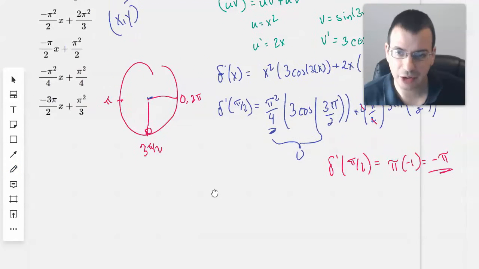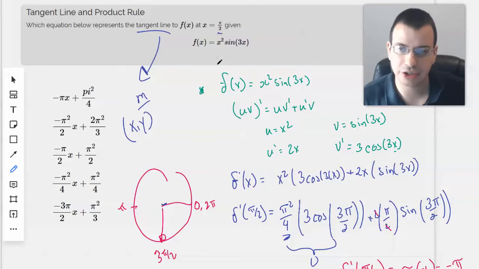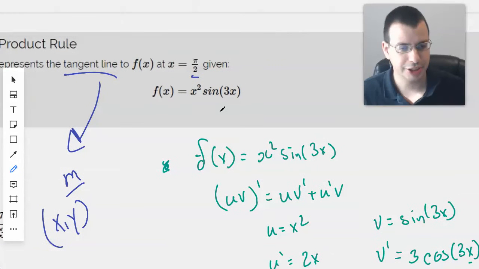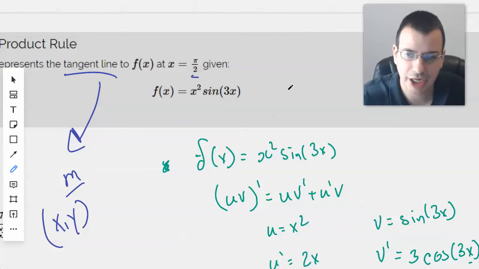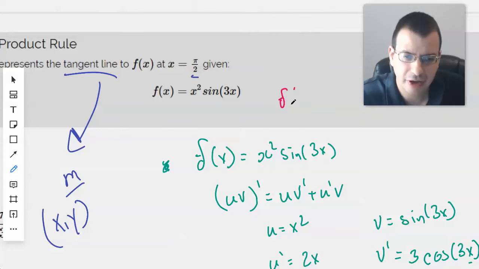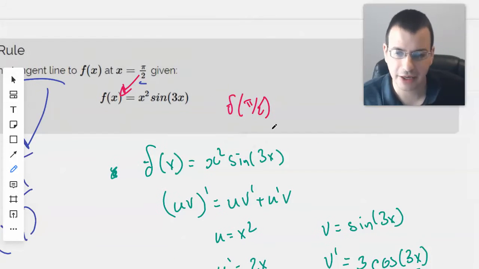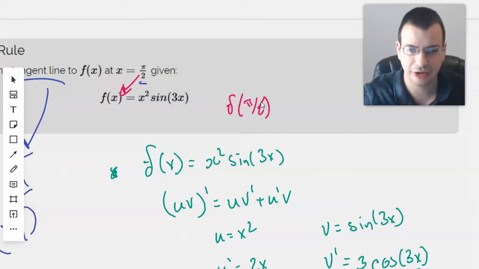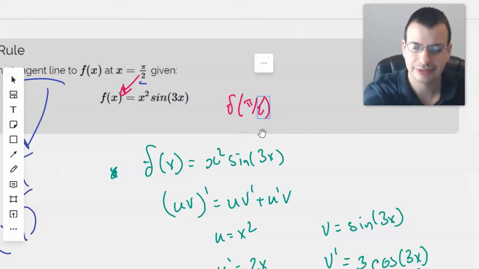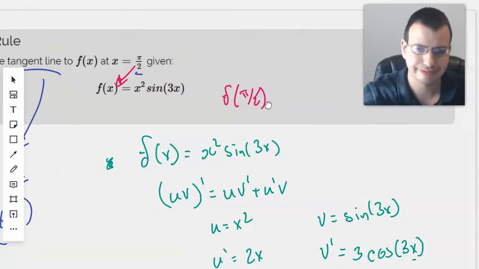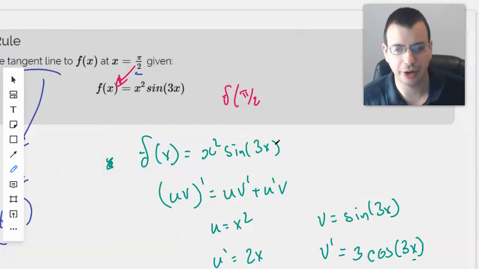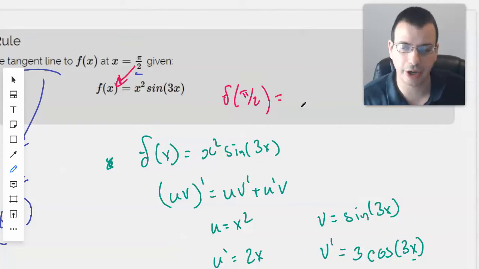Okay? Now that we have that, let's find our x and y points. So I'm going to do that up here just because it's close to the information I need. So f of pi over 2. So I just plugged in pi over 2 for x. Okay.